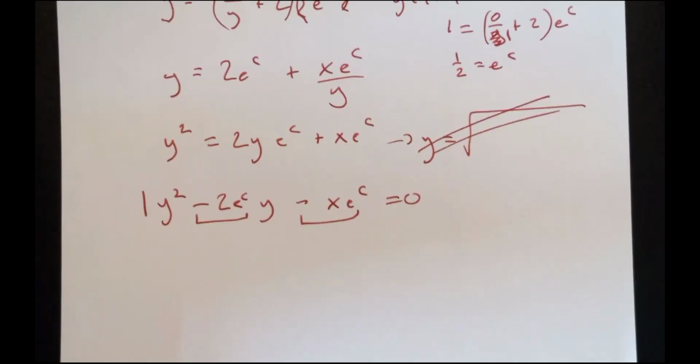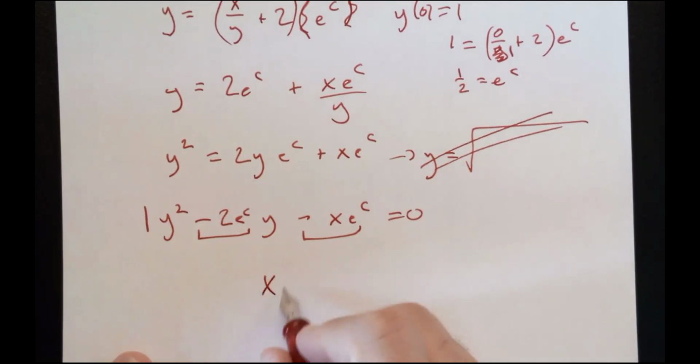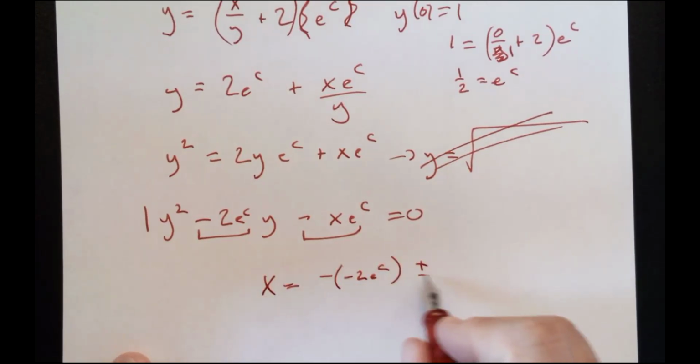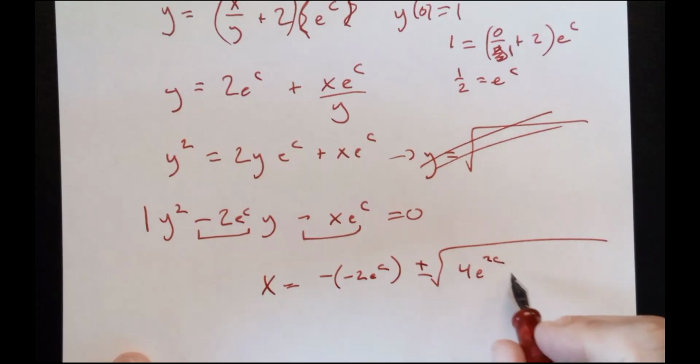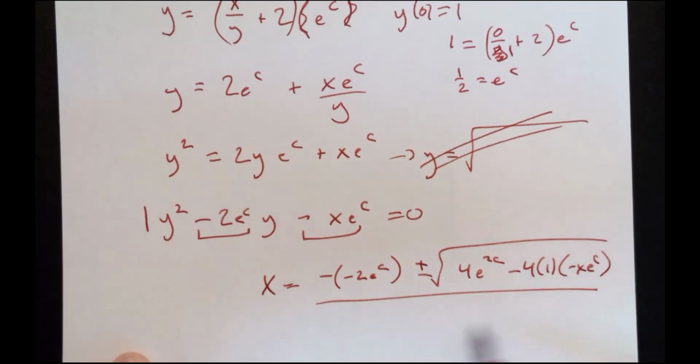Yeah, this, on the other hand, solving this explicitly, x is equal to negative b plus or minus the square root of b squared minus 4ac over 2, oh dear Lord, right?